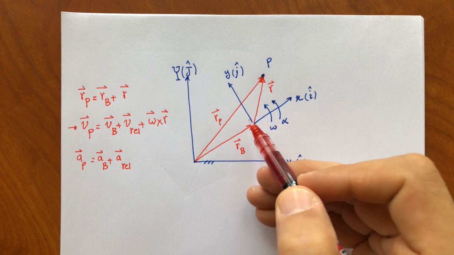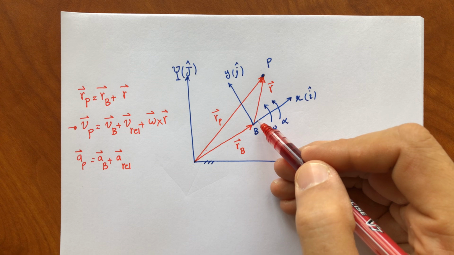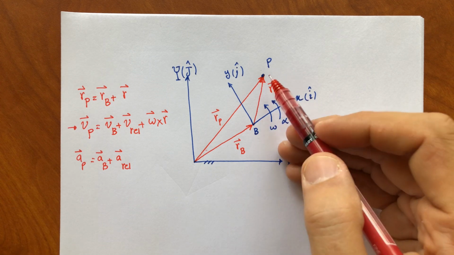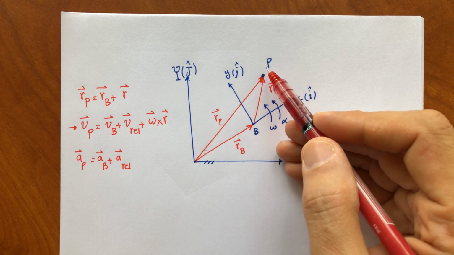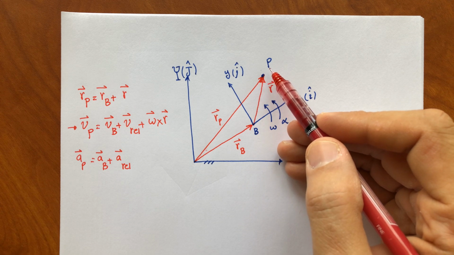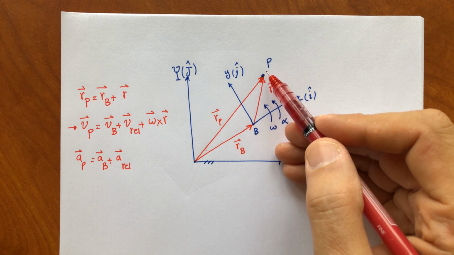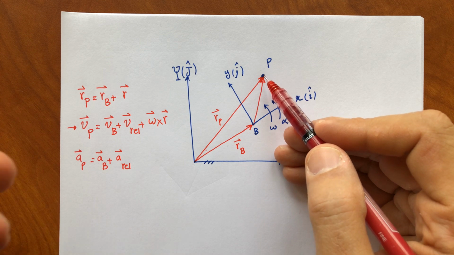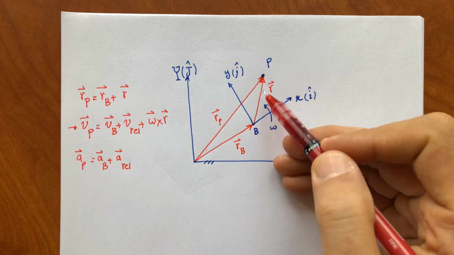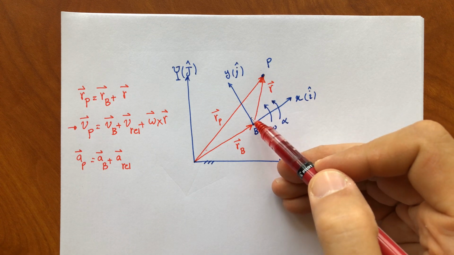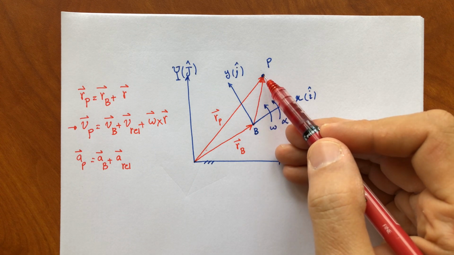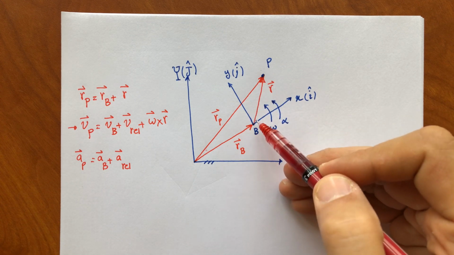So what's the physical meaning of that? If you sit on this coordinate and rotate with it, and look at point P, point P is going to have some velocity and acceleration in your eyes. The velocity you are seeing for point P is that V_REL, and the acceleration you are seeing for point P is that A_REL.